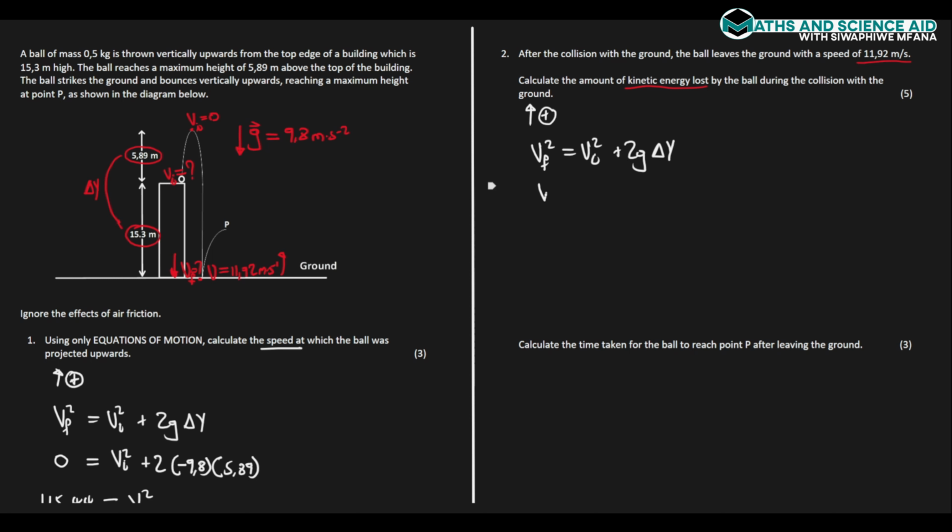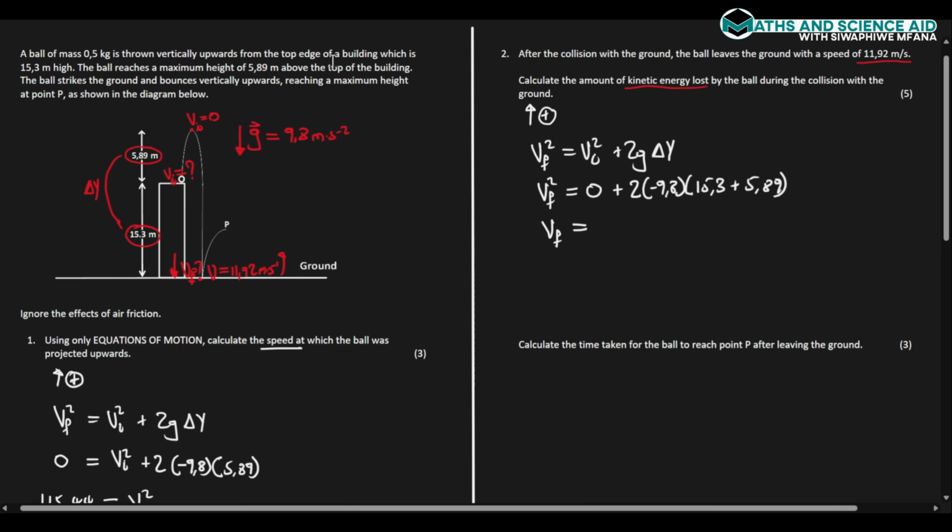In this case, we do not know Vf, and we do know that Vi is 0, g is negative 9,8, and like I said, delta y is going to be 15,3 plus 5,89. So we can work out Vf.